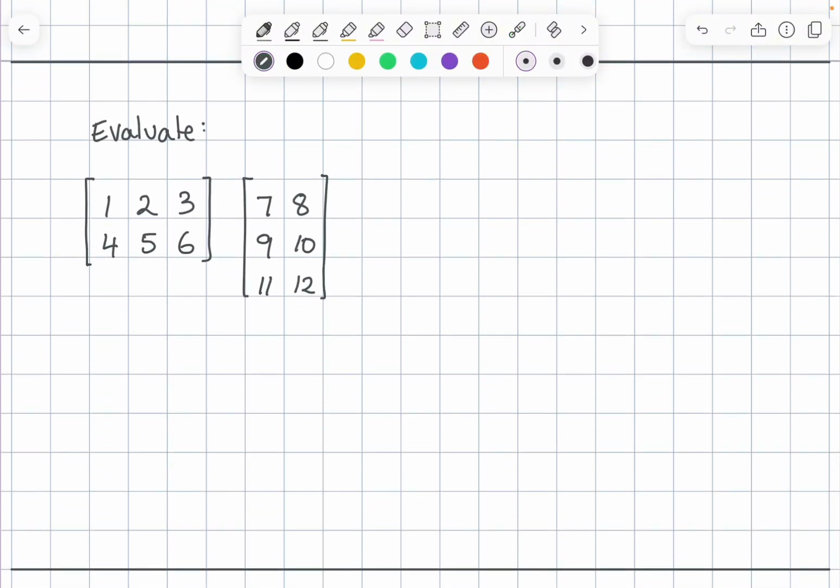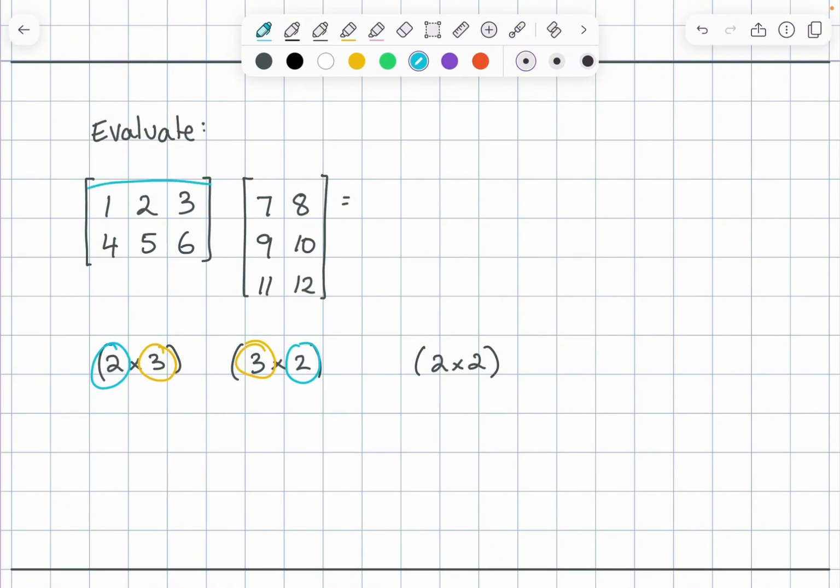Okay, first let's just check that this multiplication is defined. So we have a 2 by 3 and a 3 by 2. Our answer matrix will be 2 by 2. And this is defined because we have those numbers being the same.